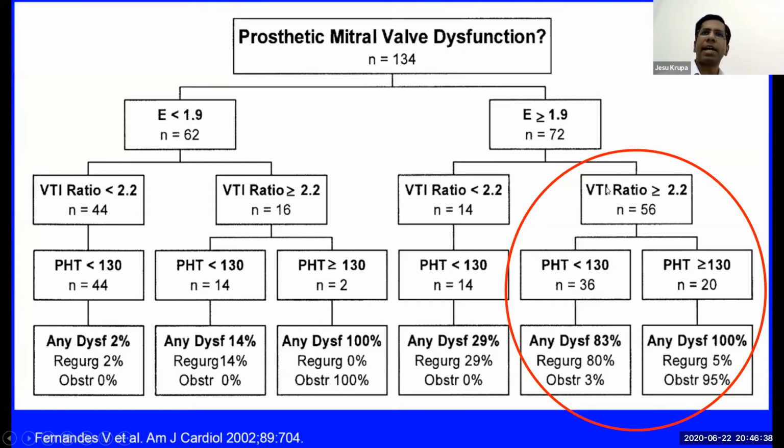So if you have a high E-wave velocity, high VTI, high gradient, high DVI, it is likely to be regurgitant, especially if the pressure half time is less than 130. Whereas if the pressure half time is greater than 130, then it is likely to be obstructive. So that is the key message that I would like to share through this.